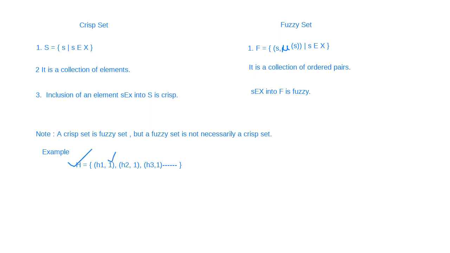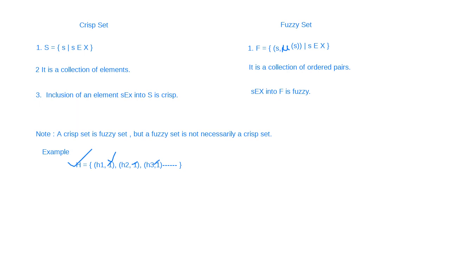When the membership function is 1, then that element belongs to only one set. That cannot belong to another set. Or you can say this crisp set is a fuzzy set because you can skip this 1. The 1 just specifies that its membership function is 1, that's why it belongs to only a single set.